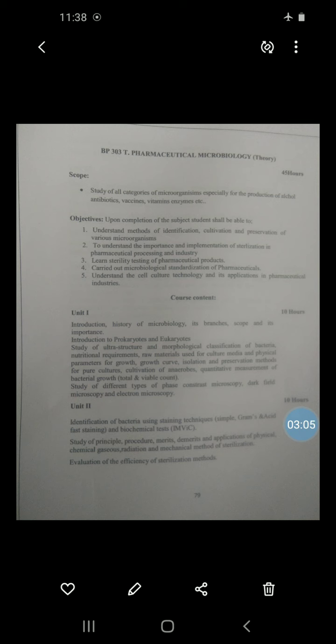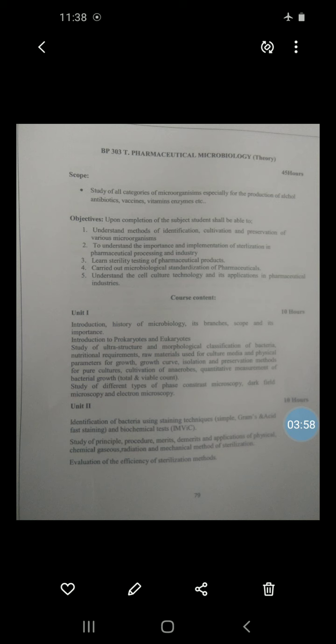Non-ionizing radiation fails to penetrate the substance effectively and is limited to surface sterilization only, for example UV light.